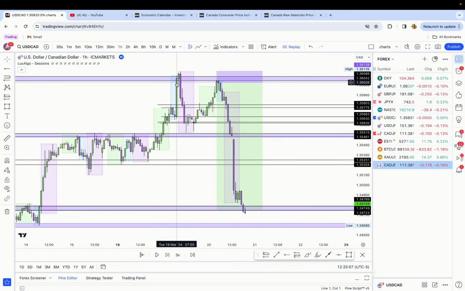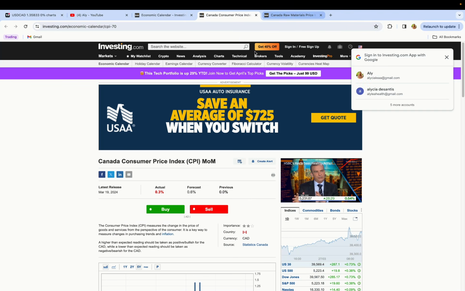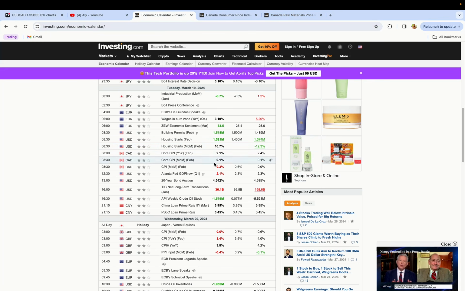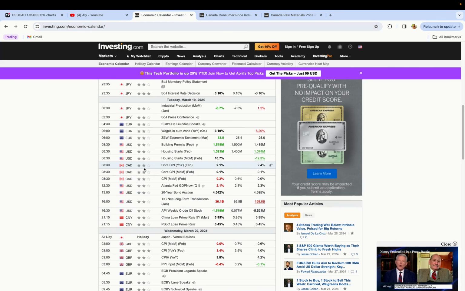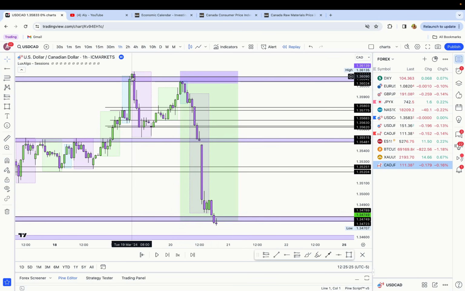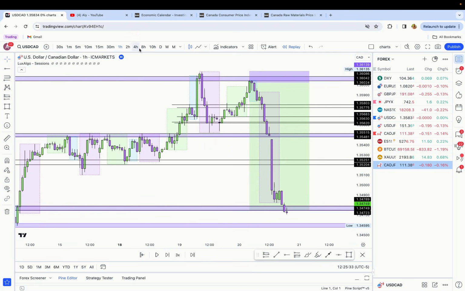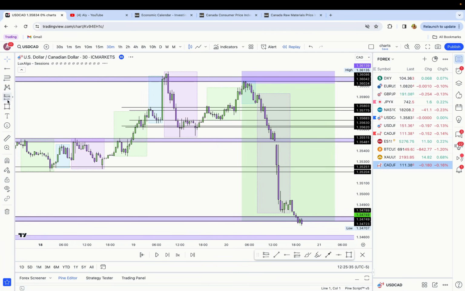If that was negative on March 19th, let's see what time that was exactly. That was 8:30. So that was basically in between here at this time. So the CAD was negative. If they're thinking, okay, the CAD is negative, this is when they catch people.